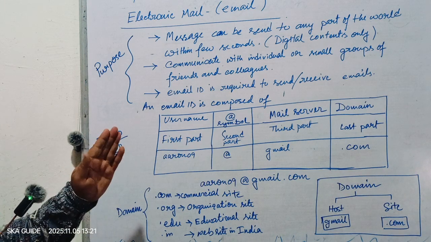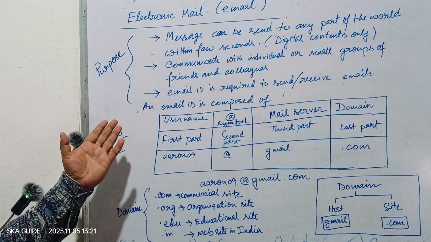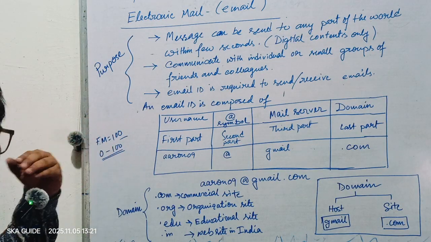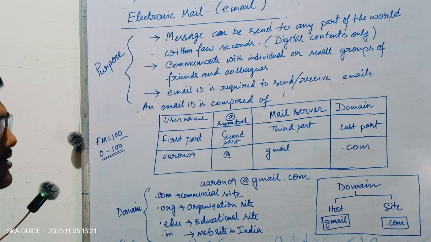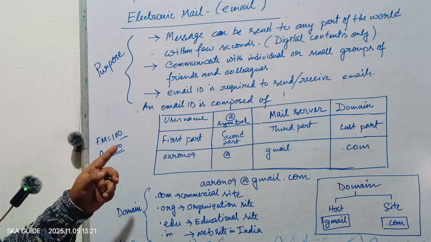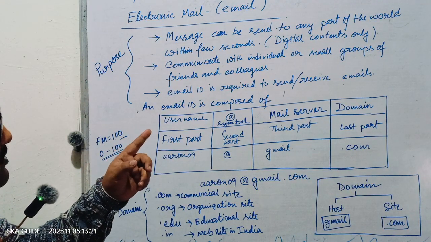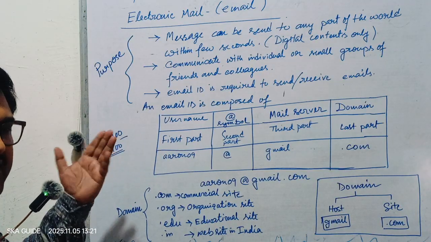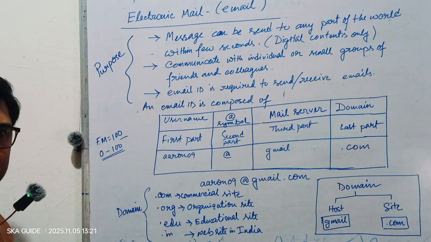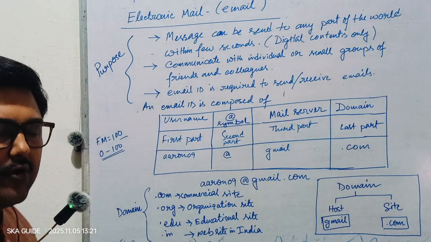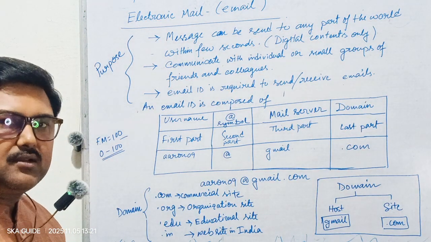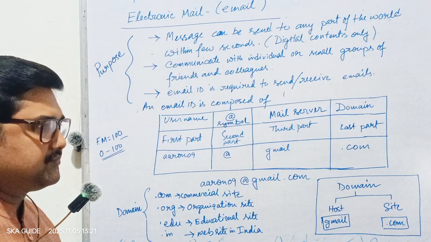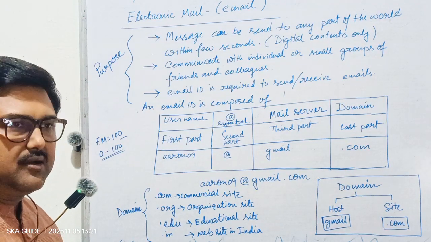So the communication is very fast. Then, communicate with individuals or small groups of friends and colleagues. So it's very clear we can communicate to an individual person or some small groups.